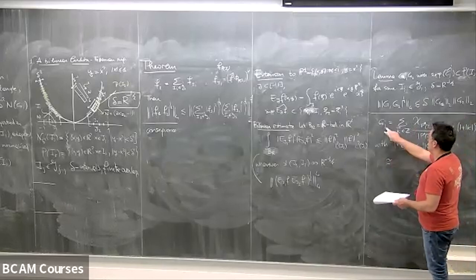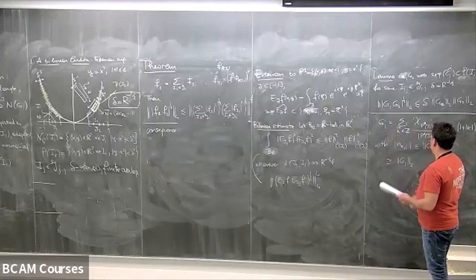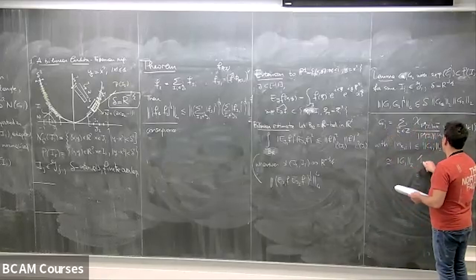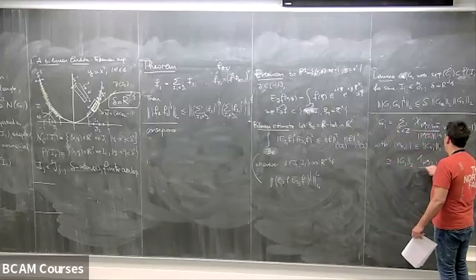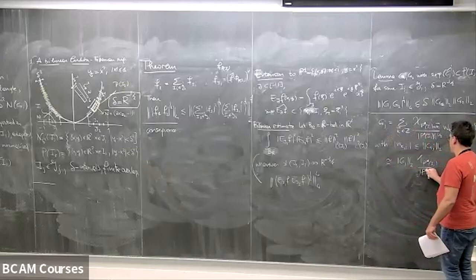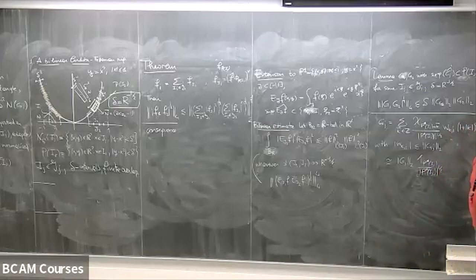So g_j is the L2 norm of g_j times the indicator function of P star of I_j over P star of I_j to the 1/2. All of these terms, just keep the first one and be content with it.